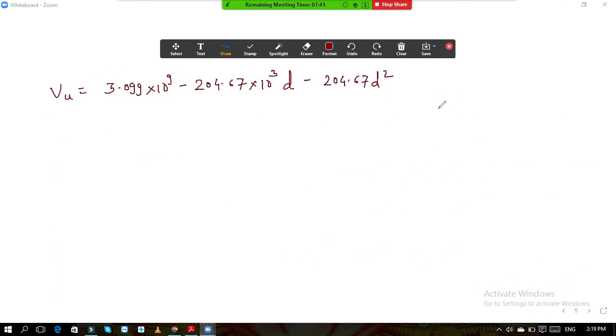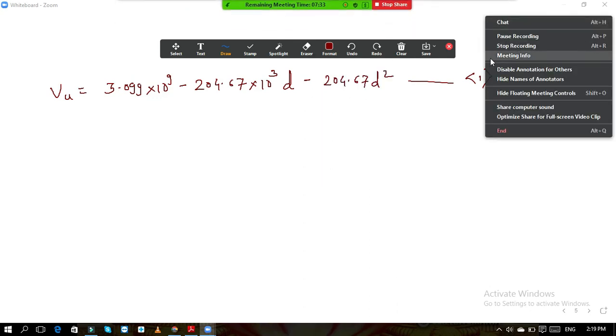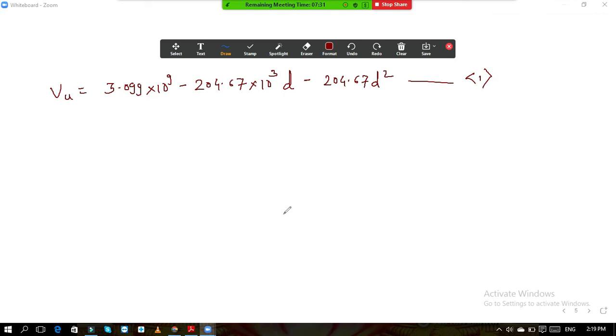Okay, so this is your equation number 1. Please check the values. If any value is wrong, let me know at that time.